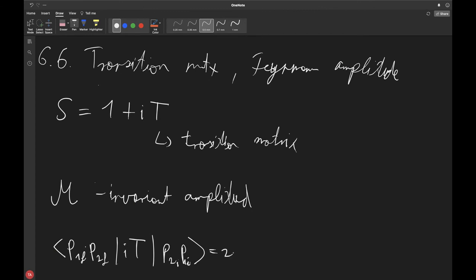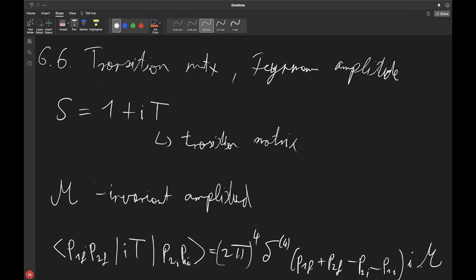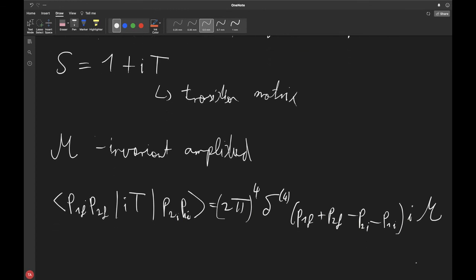That will have these terms of 2 pi to the 4, which is the constant, times the four-dimensional delta function that just says that the momentum of the first particle in the final state plus the momentum of the second particle in the final state minus the momenta of the two particles in the initial state has to add up to zero, and the rest is what we call the invariant amplitude.